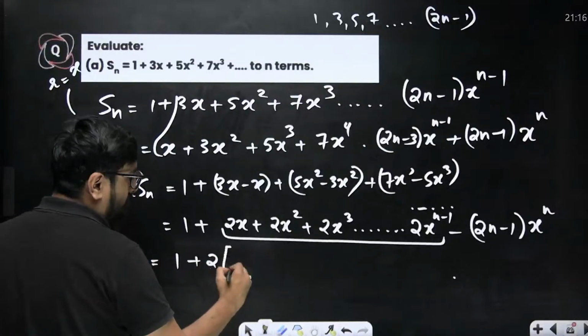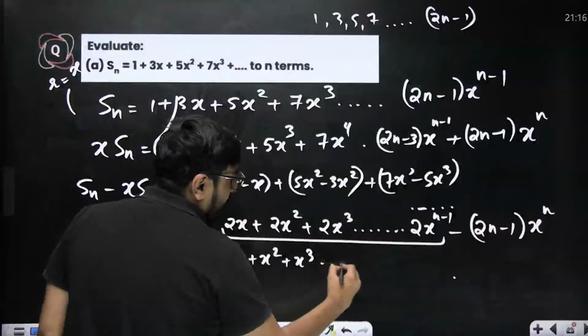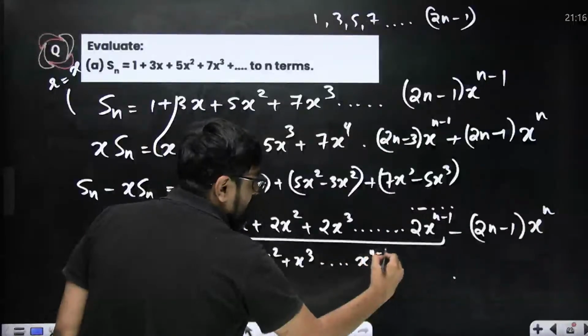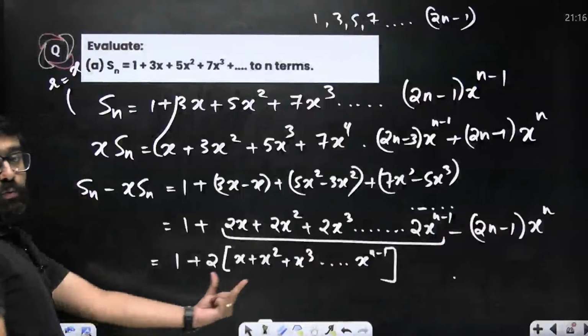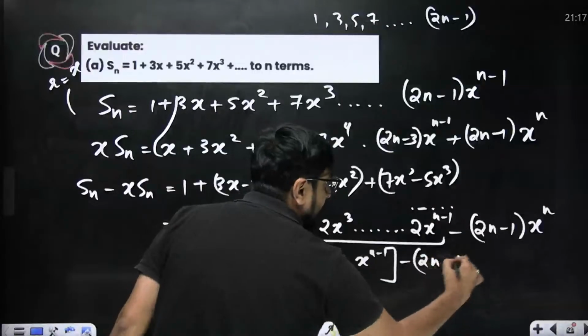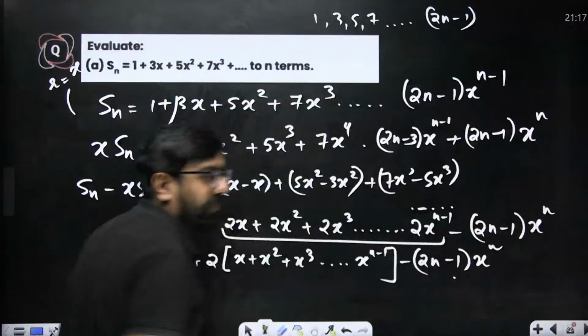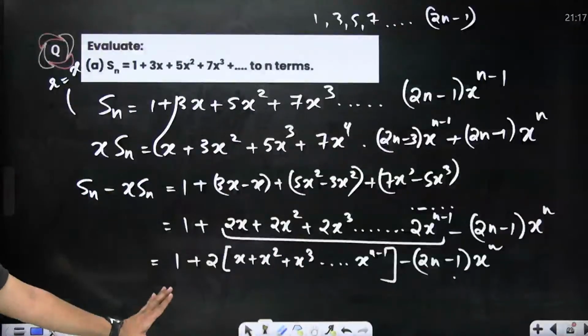2, if we take common, it's nothing but x plus x square plus x cube till x to the power n minus 1. That means how many terms do we have over here? n minus 1 terms we have over here. Minus 2n minus 1 into x to the power n. Okay, 2 we took common. Now we can solve it. There is no problem.